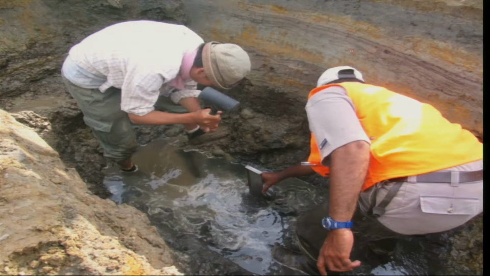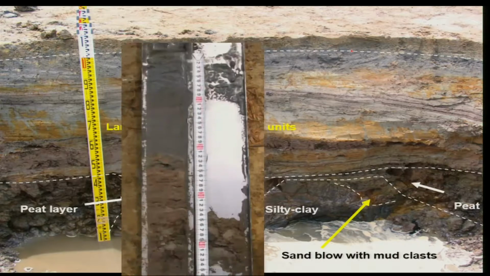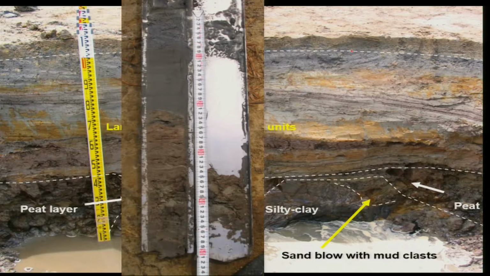Further deeper, we sampled using a geoslicer, and this is what we found. We have a very fine deposit sitting here, a clay bed, and then you see a very sharp contact. This deposit is very similar to what we usually come across in tidal areas. Then we have a very sharp boundary and a finer clay deposit.